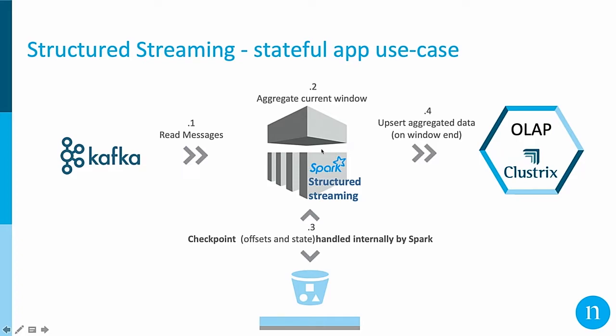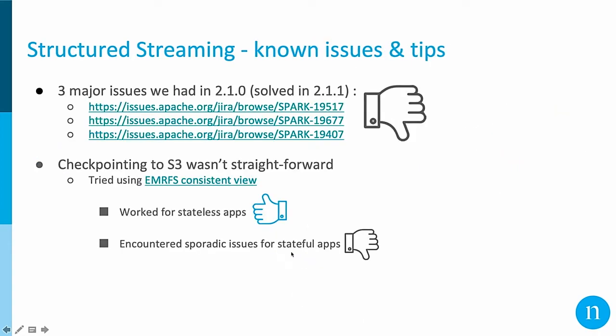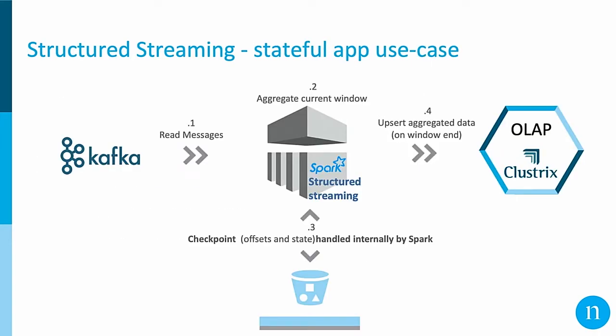So we aggregate the data on every window. We write checkpoints, and I'll talk about checkpoints in a second, to S3 buckets, right here. And then we upsert the data as before to our OLAP database.